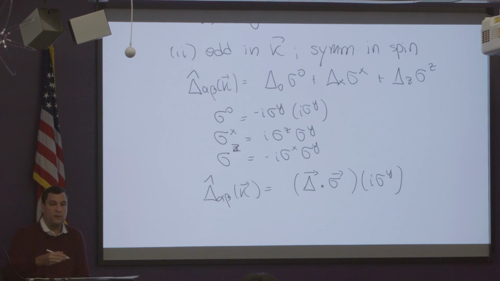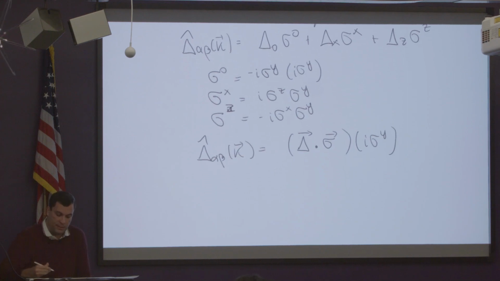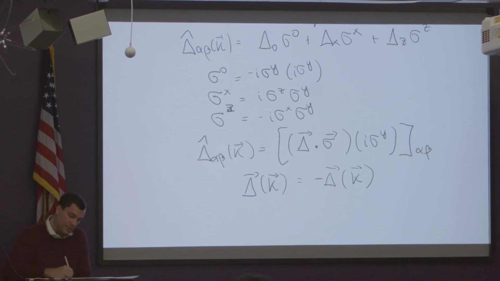So you see that this delta vector is trivially related to delta 0, delta x, and delta z, okay? And again, this is a very convenient notation, and that's what everything here, alpha, beta, okay? And now delta of k is an odd function. It's minus delta of minus k. And this is the triplet superconductor, okay?